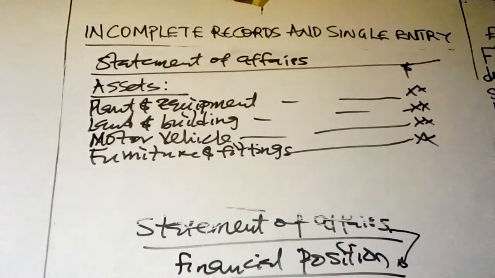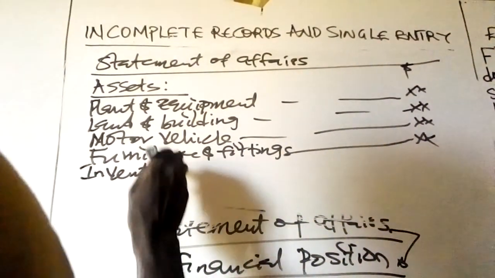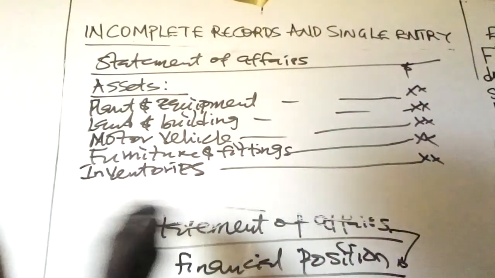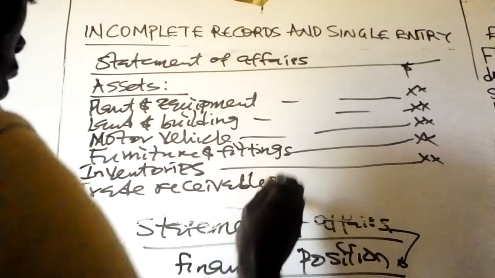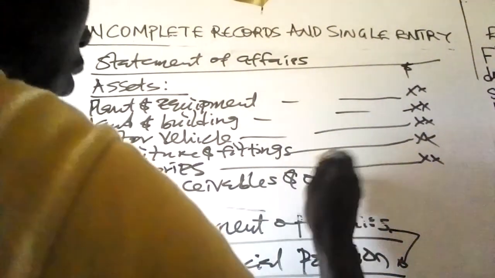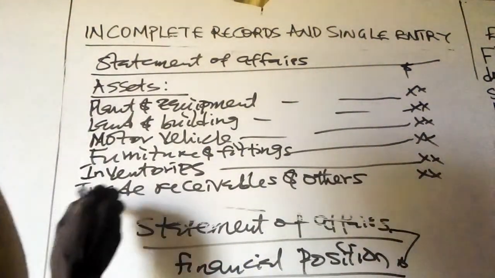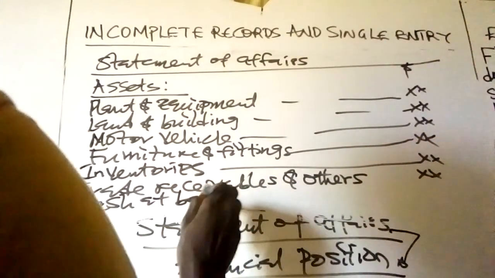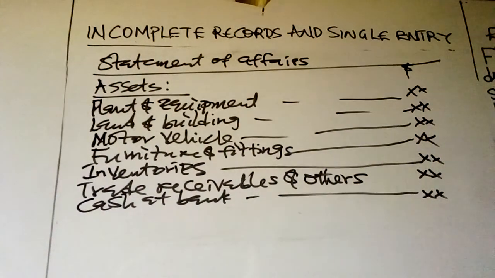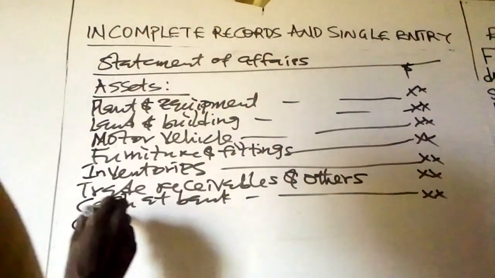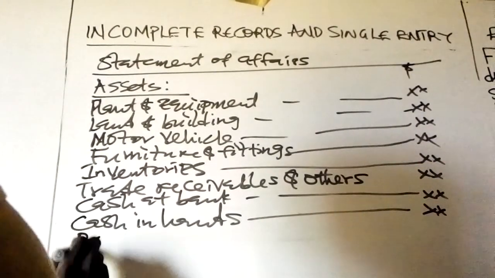Then you may also have your current assets, which include inventories, your trade and other receivables, your cash at bank, your cash in hand, your prepaid expenses.